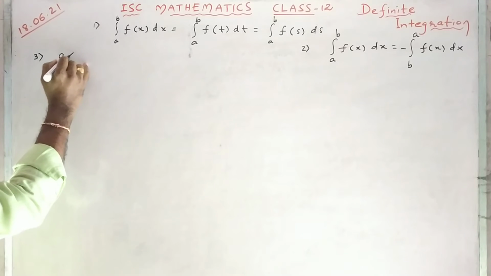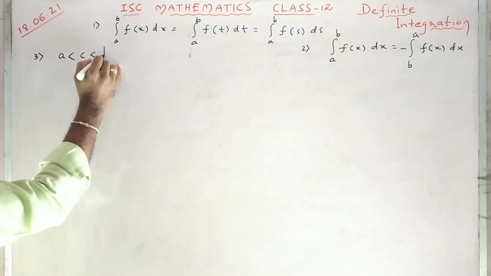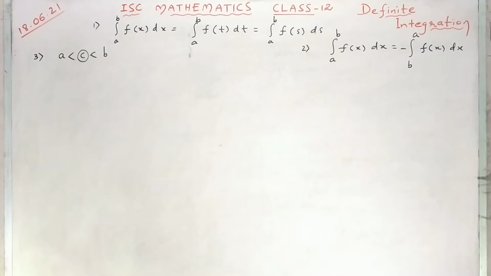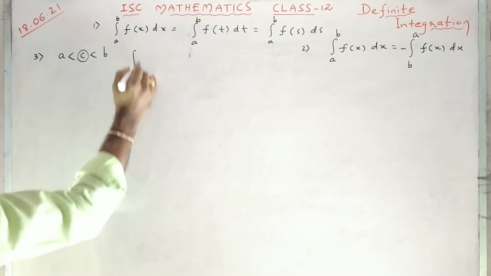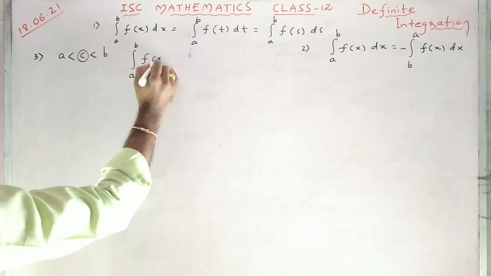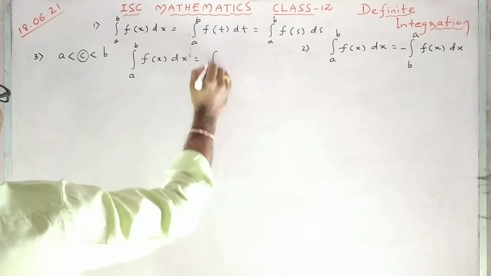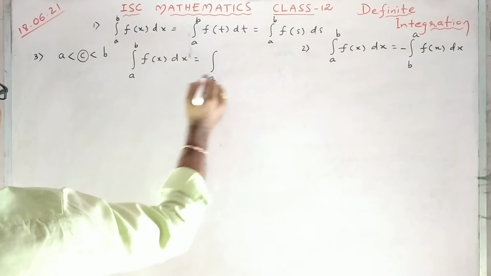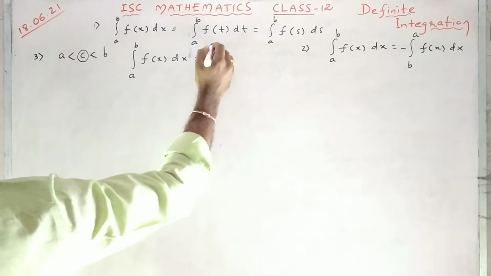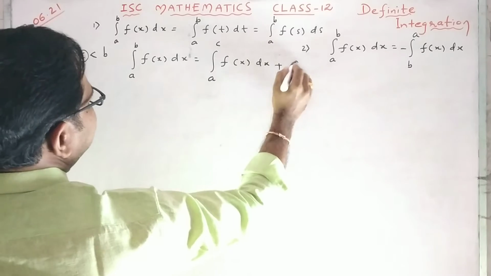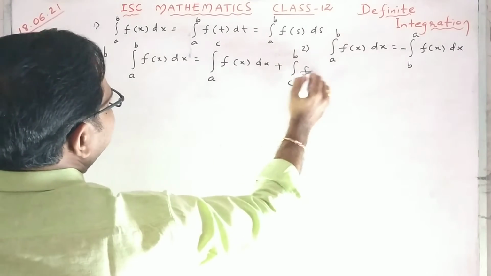So the third property says, suppose a less than c less than b, one value I am taking between a and b. Then integral a to b f of x dx can be split like this. In between we have c, so integral a to c f of x dx plus integral c to b f of x dx.